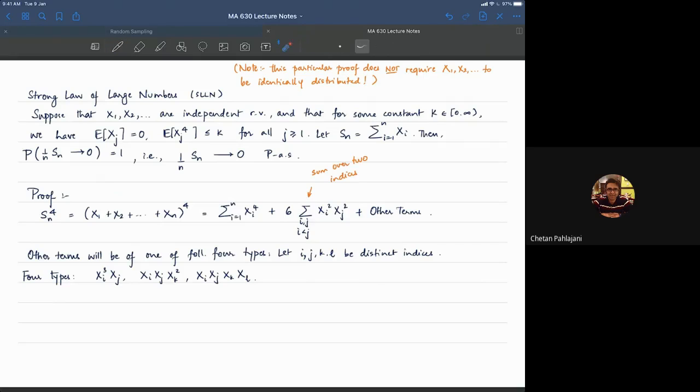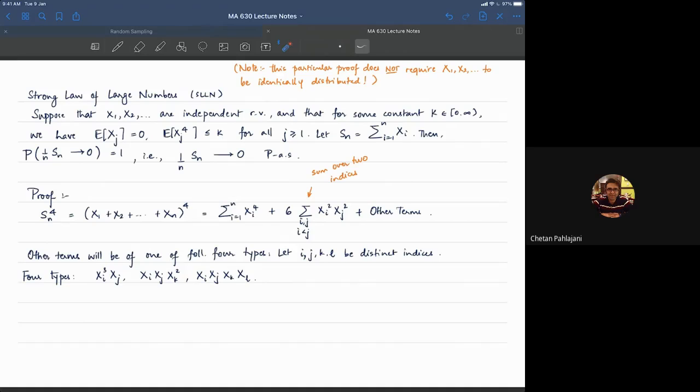Let me just recap what I've done. S_n is the sum of x_i, i going from 1 to n. Now I'm taking S_n to the 4. So I'm taking x_1 plus x_2 plus dot dot dot up to x_n, the whole thing to the power 4. Now you can expand this out. It is going to be one unholy mess, but you have some idea what's going to happen. All the terms will be products of 4 x's.